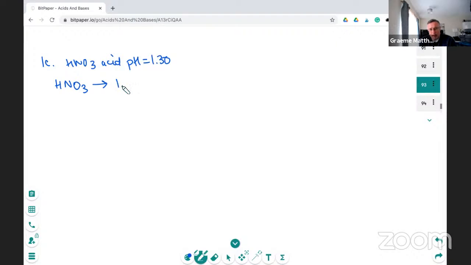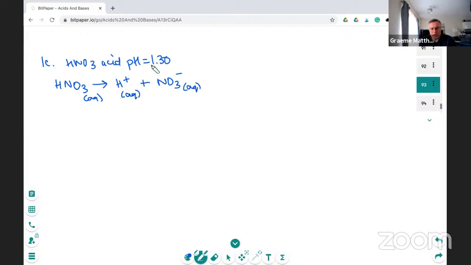So on this one, nitric acid, strong acid, it's going to ionize. They don't normally ask you to put the equation state in, but I normally do. It's just a habit. If they need it in the mark scheme, I've done it. If they don't need it in the mark scheme, well then, okay, no worries, just carry on.